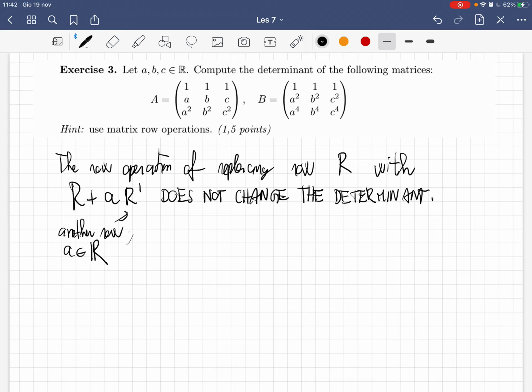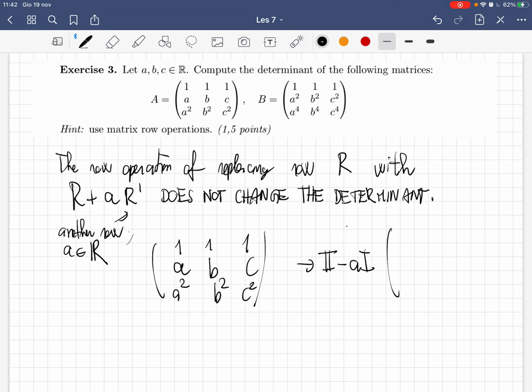So let's try to apply this rule here. We want to compute the determinant of this, but as I said, it doesn't matter if we do this row operation. We don't change the determinant. So for example, here we can take the second minus A times the first as replacement for the second.